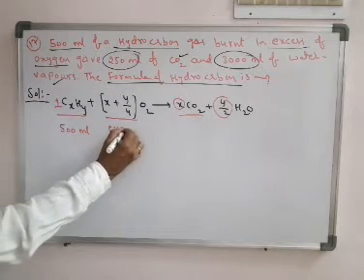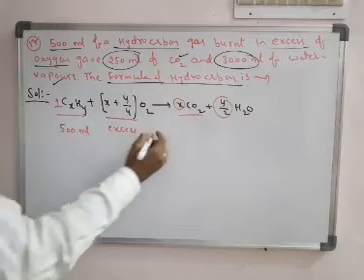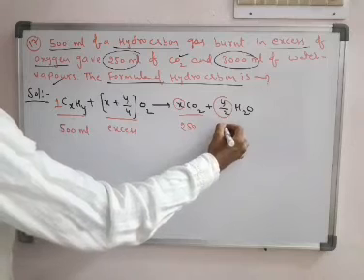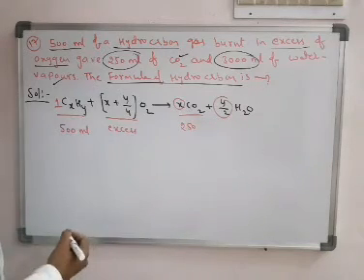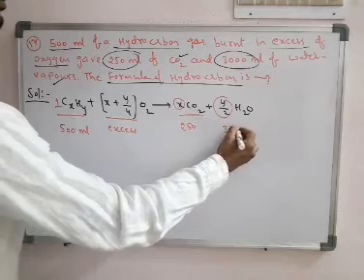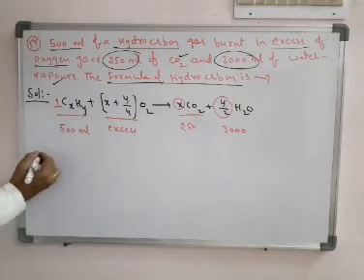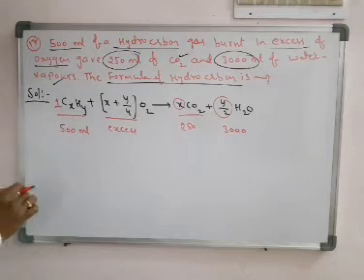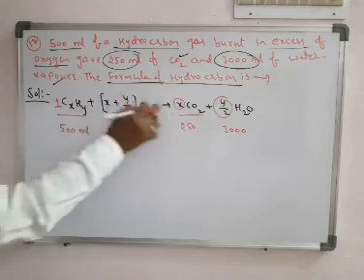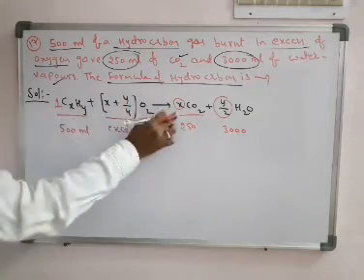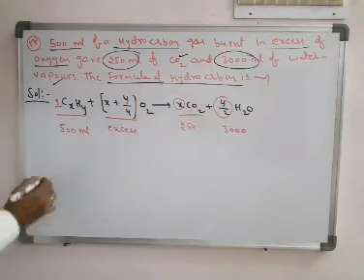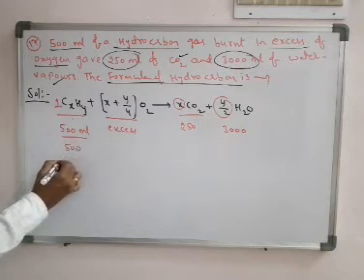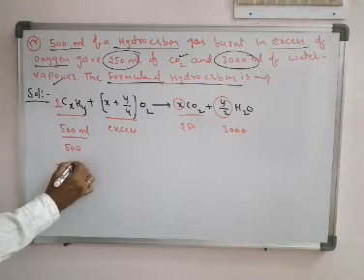Excess oxygen is given, so no need to consider it. 2500 milliliters of carbon dioxide and 3000 milliliters of water vapors are given. We can compare everything with 1 mole, so dividing by 500, the hydrocarbon becomes 1.